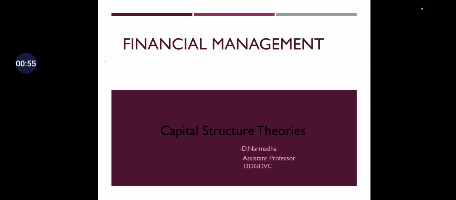So when you are taking a decision regarding the capital structure, this much equity and this much debt, that decision will be examined from the point of view of its impact on the value of the firm. So under these capital structure theories, we need to find out the value of the firm. We have to give importance to the value of the firm.